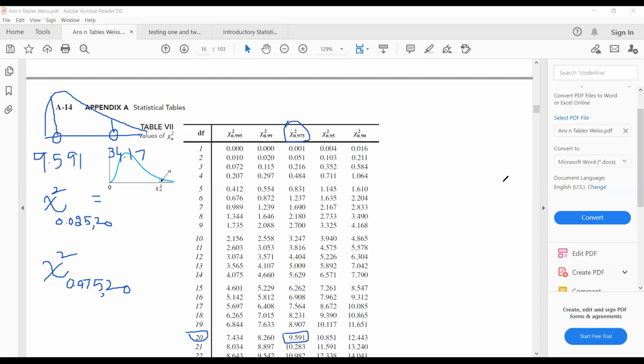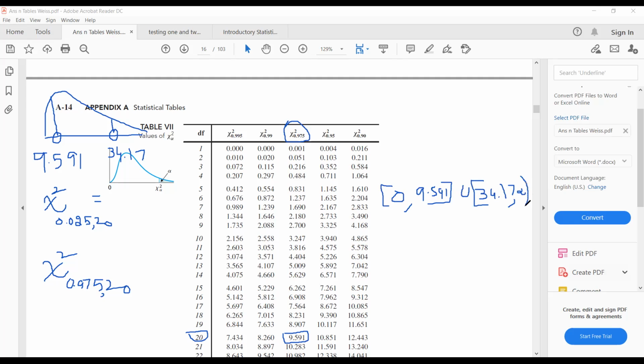So what will be the critical interval? The critical interval will be (0, 9.591) with the union (34.17, infinity).